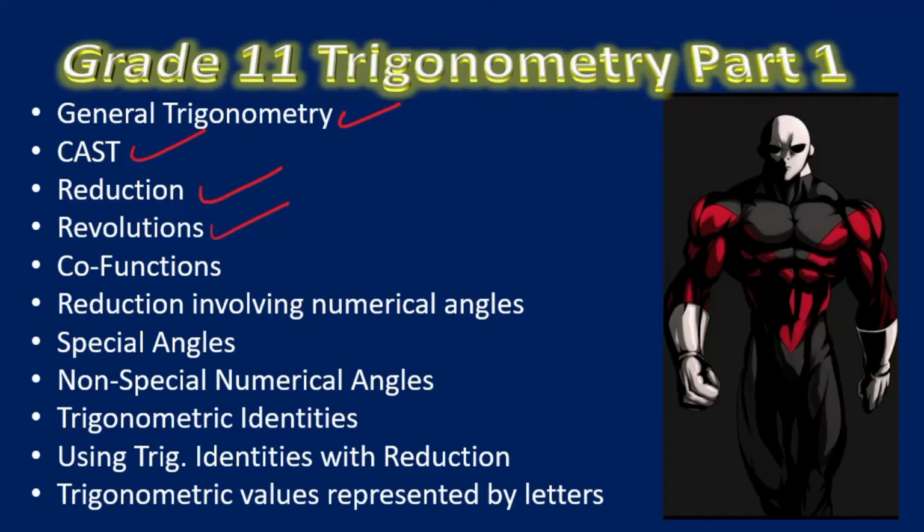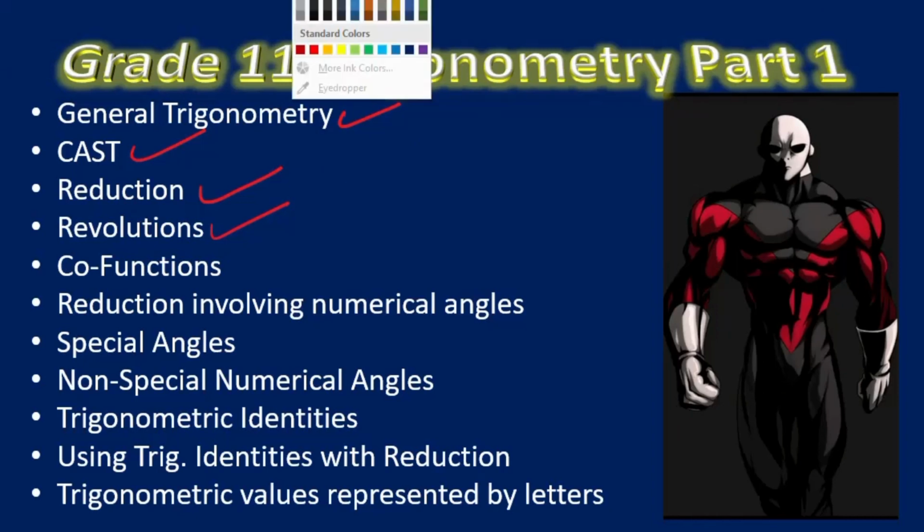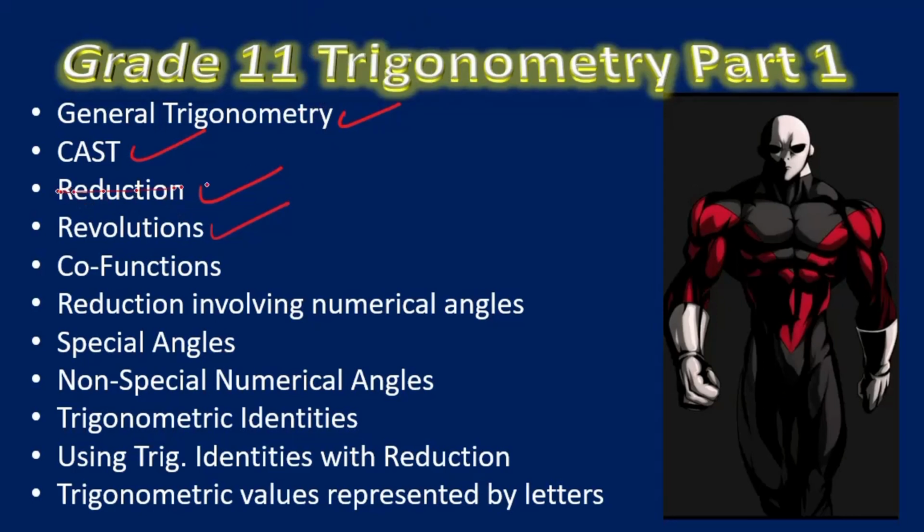So far we dealt with cofunctions. Beautiful. We did this, we did this, we did this, we did this, and we did this. Cofunctions. Now we are going to reduction involving numerical angles. Beautiful.